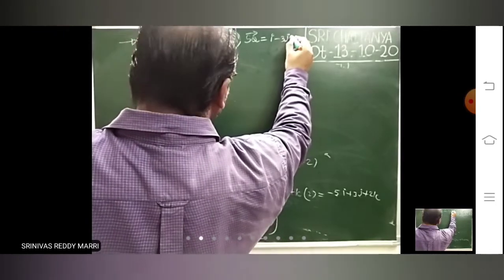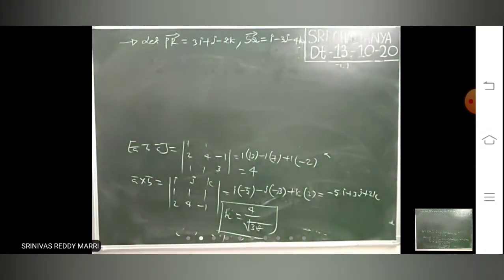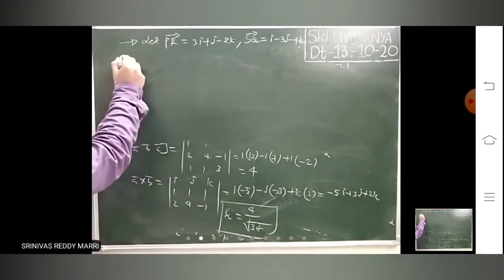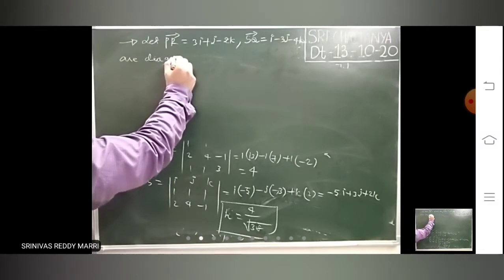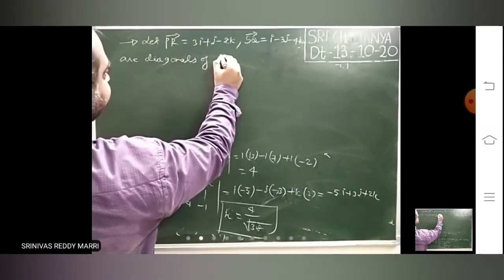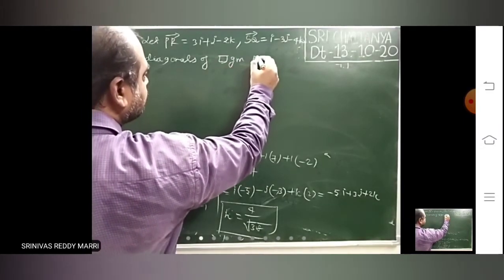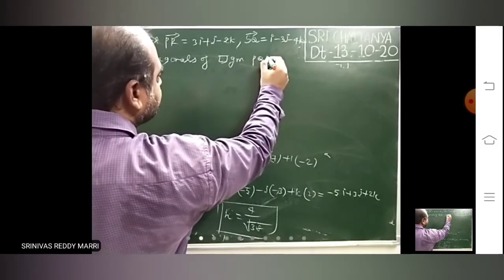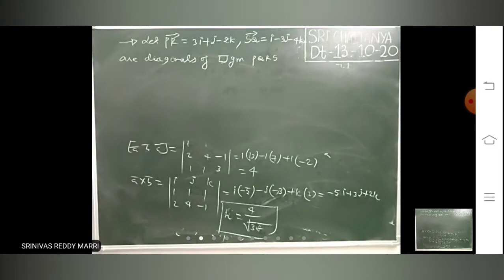Two vectors are given, PR bar and SQ bar, which are diagonals of parallelogram PQRS.